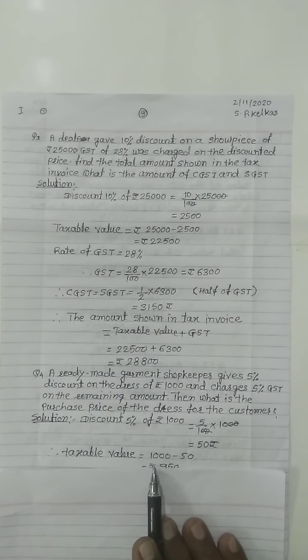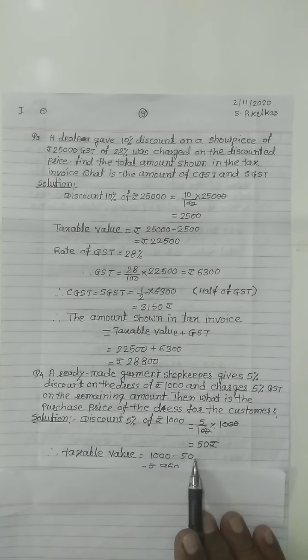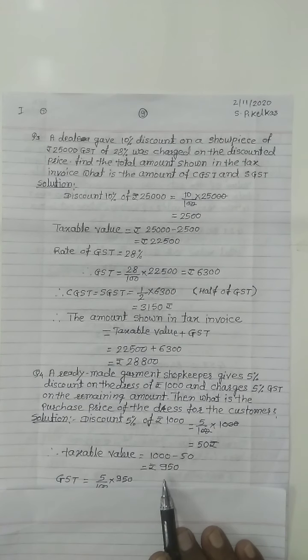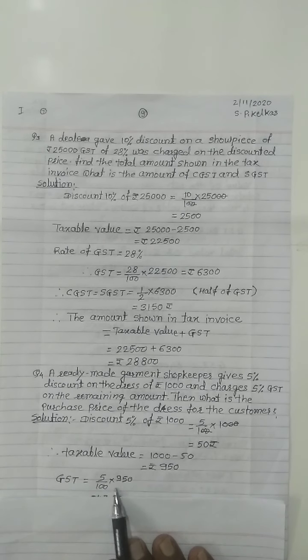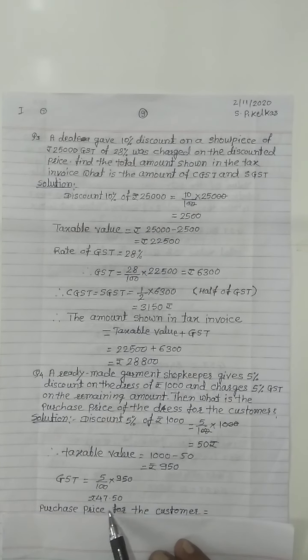Taxable value is 1,000 minus 50. We get 950. Then GST on this 950 equal to 5 by 100 into 950. We get GST 47.50, means 47 rupees 50 paise.